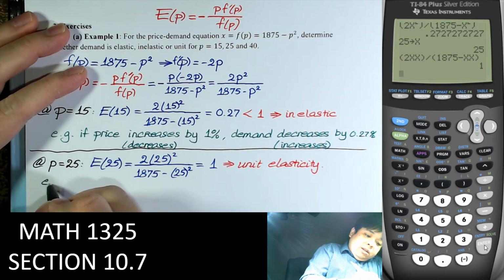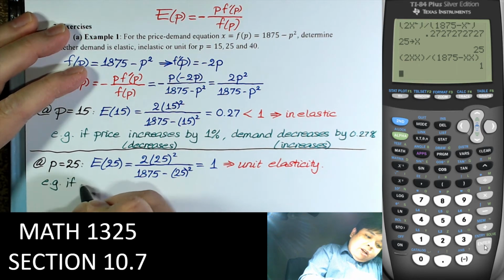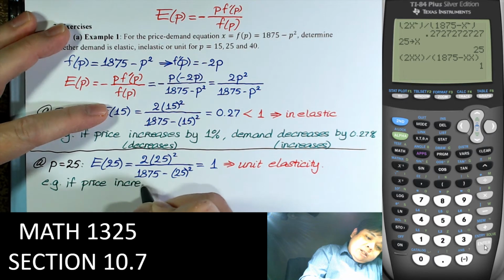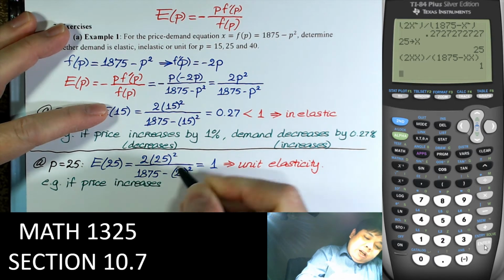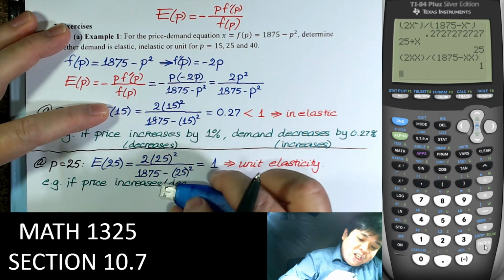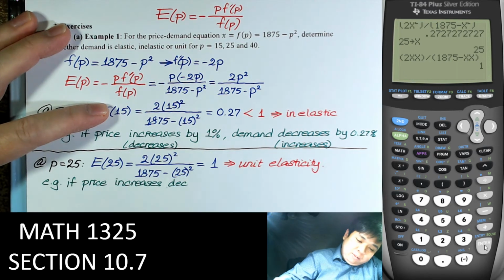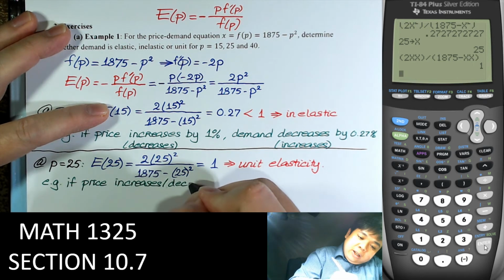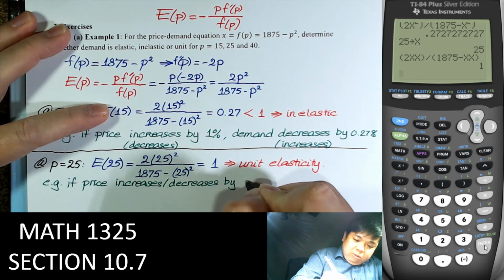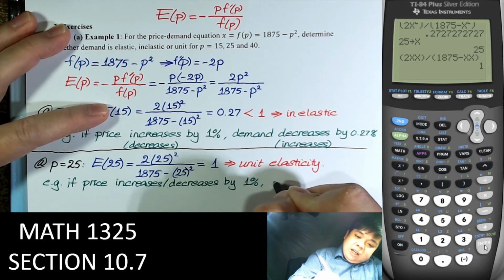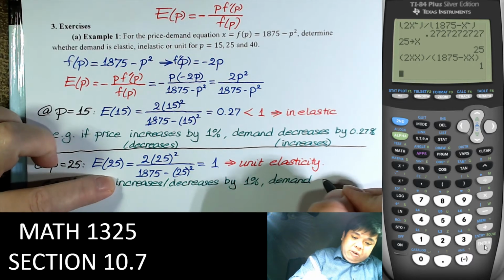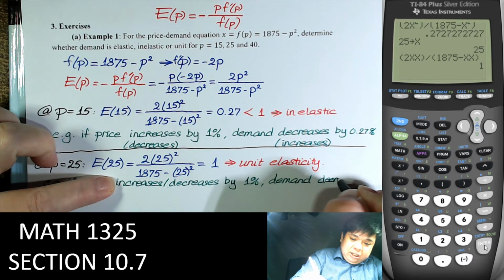In this case, if price increases or decreases by 1%, then the demand, if the price is increased, it will decrease.